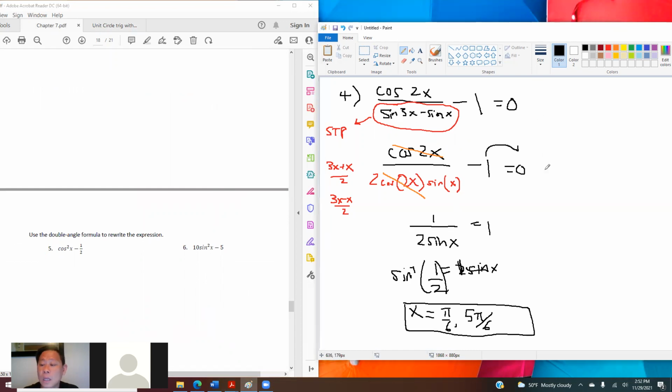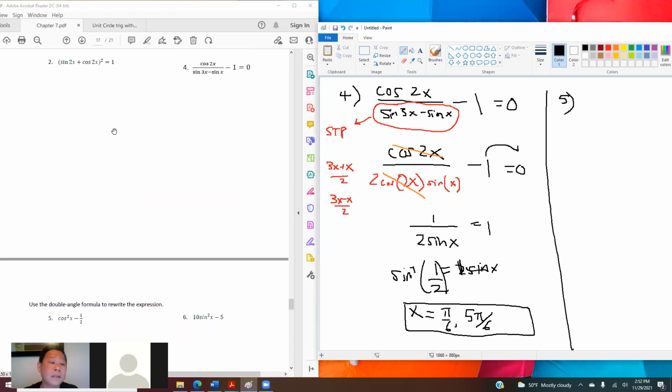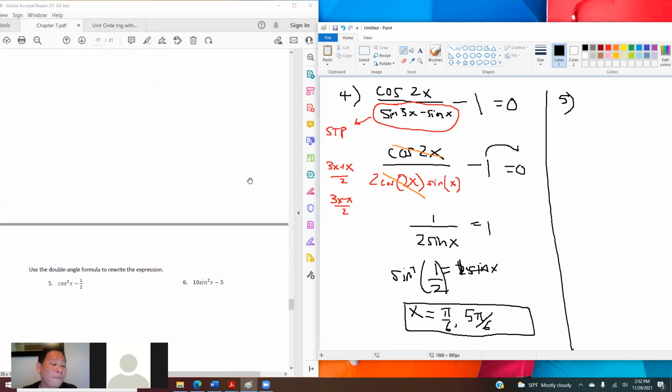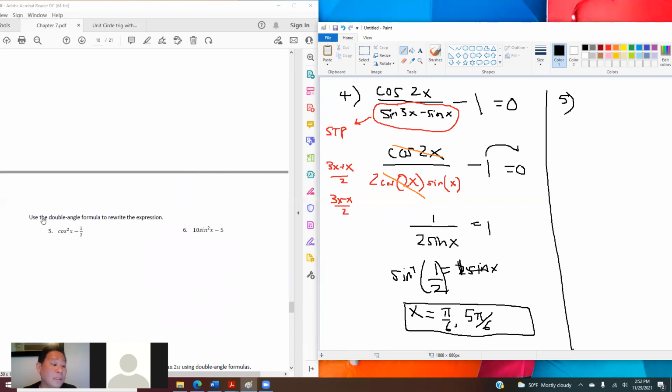Now, as you know, all these formulas that you see here do not always go from left-hand side to right-hand side. Sometimes you can go from right to left, so don't forget it can go the other way around. Like for question 5, they already tell you what formula to use.